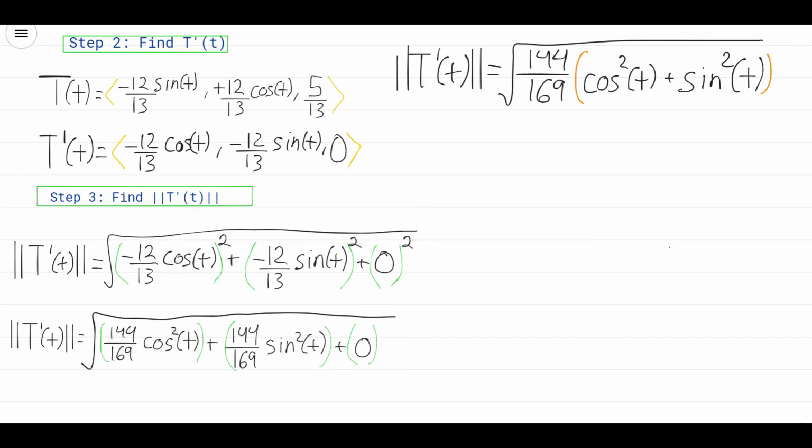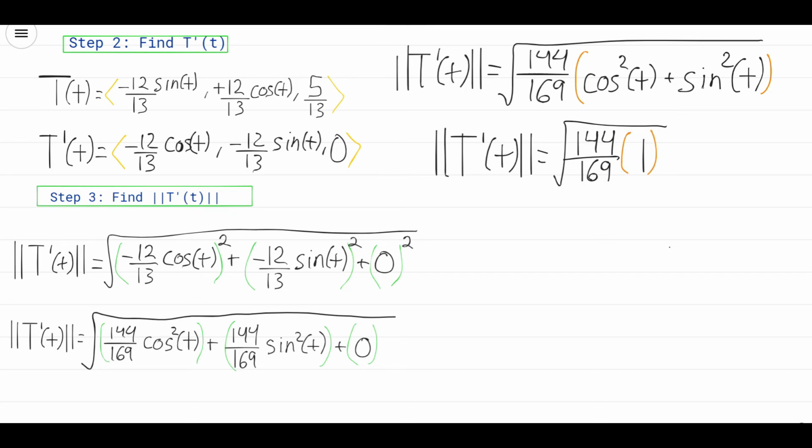We know the Pythagorean identity, sine squared plus cosine squared is equal to 1, so we can apply a substitution. 144 over 169 is a common factor, and sine squared plus cosine squared is 1, so we substitute a 1 in there. Now this problem's a whole lot easier to compute. This is equal to 12 over 13, because 144 square rooted is 12 and 169 square rooted is 13. So that's the magnitude of T prime of t.